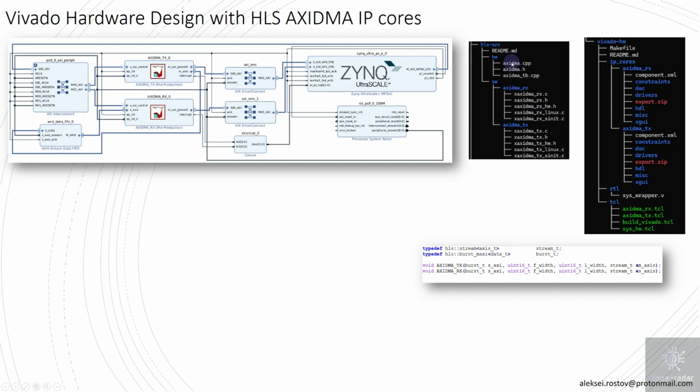Basically they will be auto-generated, but I already copied them into the software folder here. So here is a code snippet from axidma.h. I inserted this code snippet in order to explain the interfaces that every IP core has.